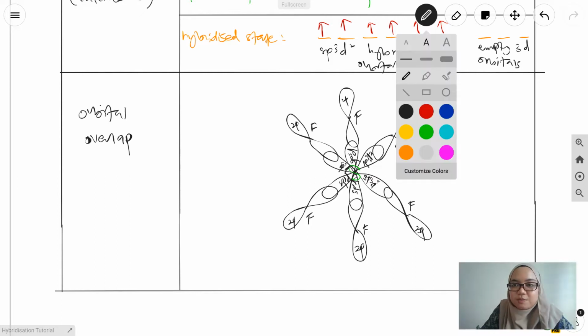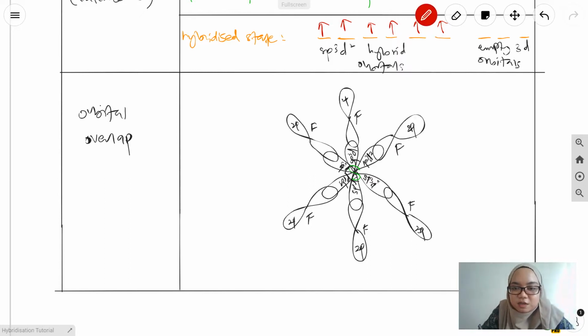Okay, and then I will label it with sigma and electrons. I will draw the sigma below, a bit bigger, because I don't have enough space here. Sigma. Sigma. Sigma. Okay. Very simple.